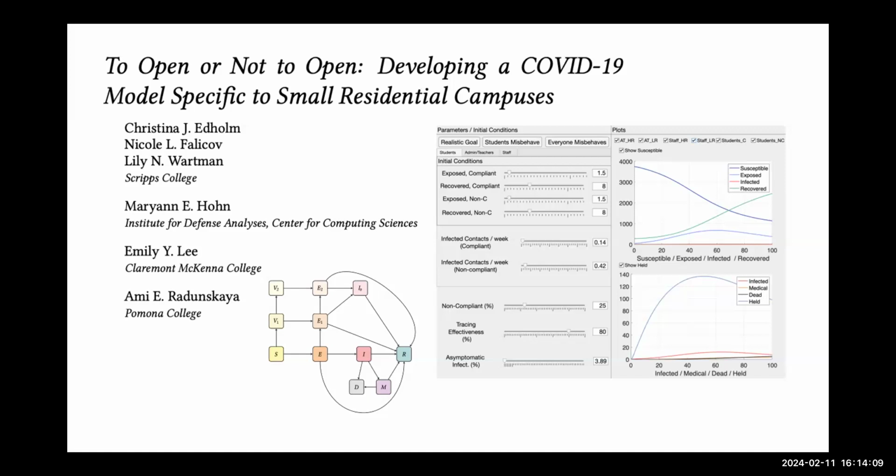To help guide this decision, the authors formulated a model capturing the dynamics of the spread of COVID-19 on a residential campus. They then created an app which could be operated by policymakers themselves to explore other parameter settings.